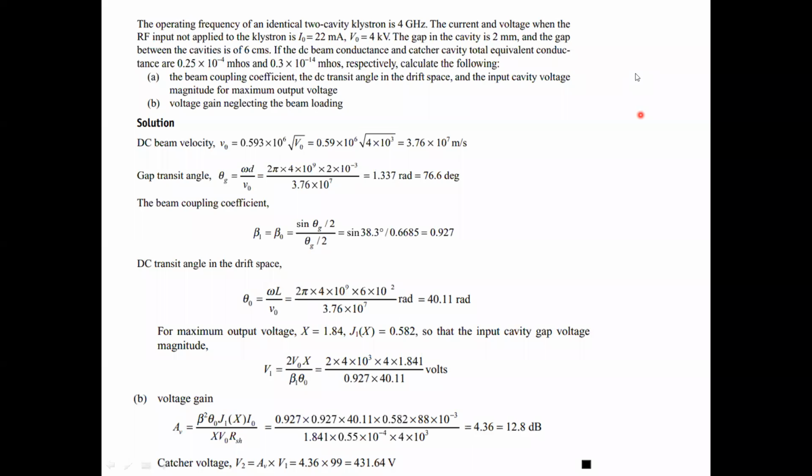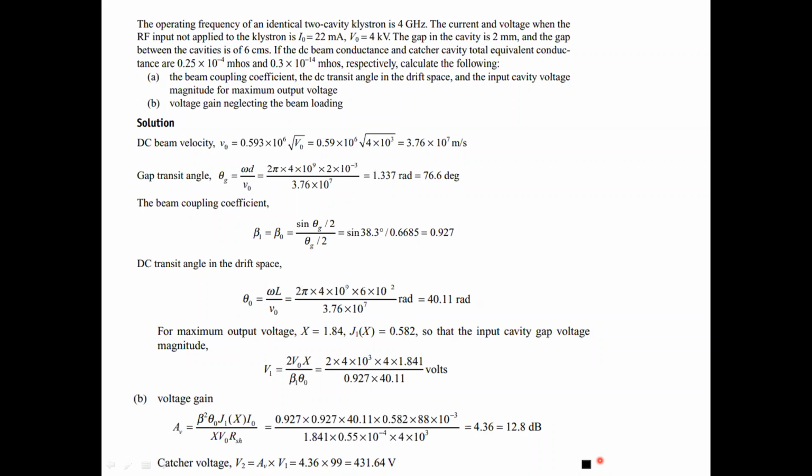So as per the data given in the question, our solution starts from beam velocity. First step, beam velocity equals 0.59 into 10 power 6 square root of V naught.